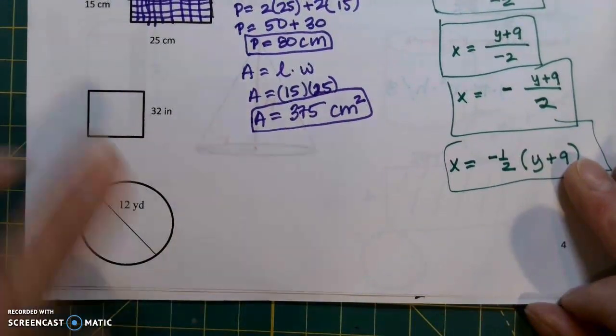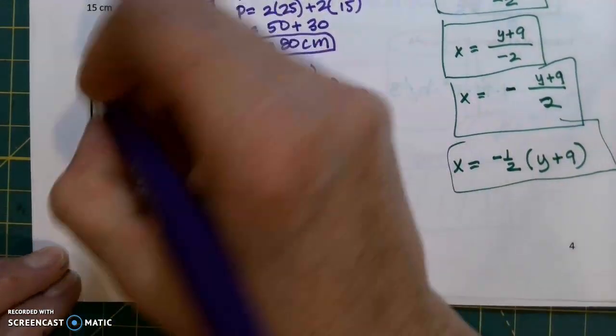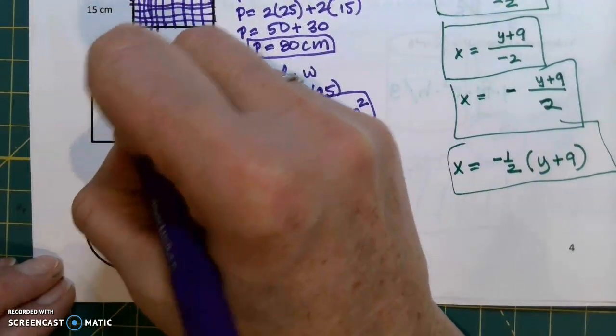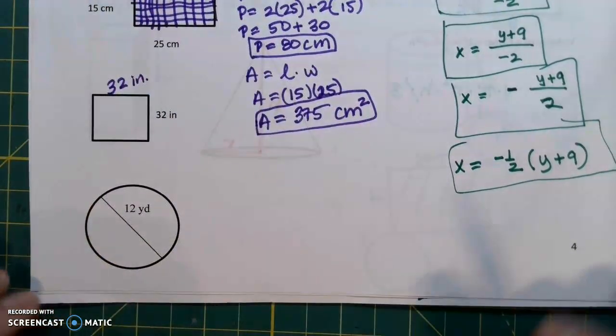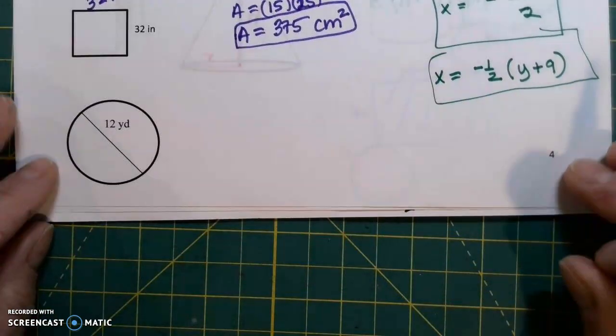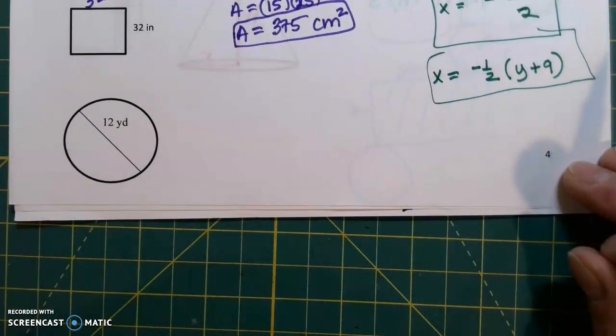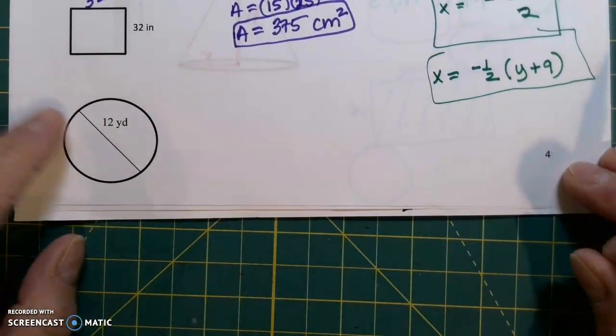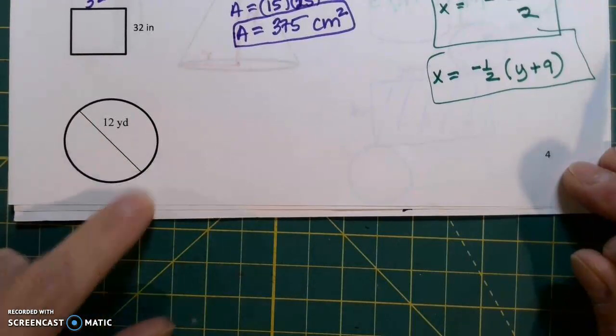I'm going to skip over the square because it's essentially the same as the rectangle. You just have to remember that this side would also be 32 inches and everything else will be the same. And then with the circle here, we have, in this case, a diameter because it goes all the way across.